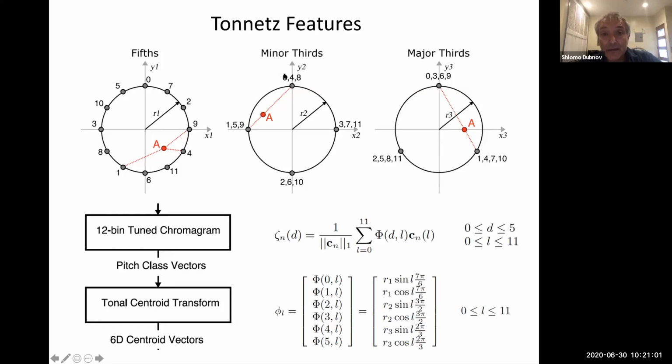So you kind of aggregate, you take these minor thirds to 0, the 4 and 8, and you aggregate them together. The 3, 7, 11, you aggregate them together, and you get this representation. Major thirds, it's going from C to E. So you'll have actually, let me see, sorry, so this is 0, 3, 6, and 9. This will be 0 and go here, 4 and 11 and 5. Sorry, let me correct myself in terms of the minor and major thirds.